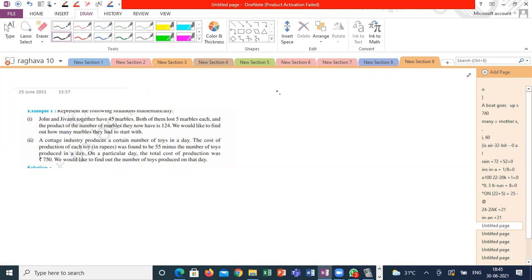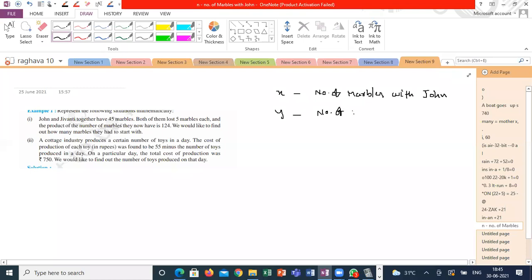Suppose x is the number of marbles with John, and y is the number of marbles with Jivanti. So x plus y is equal to 45, and my y is equal to 45 minus x.